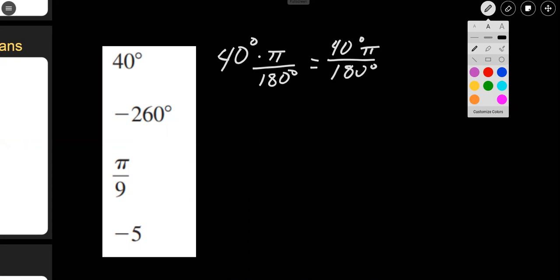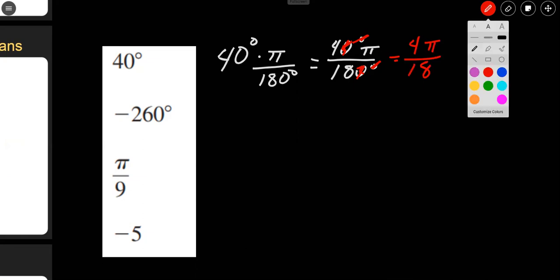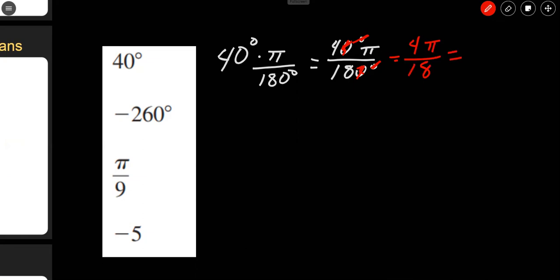At this point, it's a matter of canceling and simplifying. The degrees cancel. That's a unit of measurement. 40 over 180, they both are multiples of 10, so I can get rid of those zeros. If I rewrite this now, I've got 4 pi over 18. Well, 4 and 18 are both divisible by 2, so I would end up with 2 pi over 9 radians. Very, very quick once we get the hang of it.